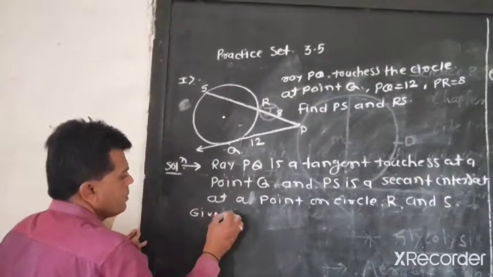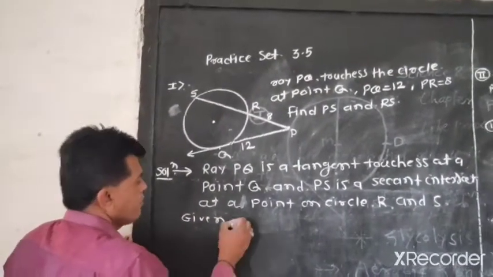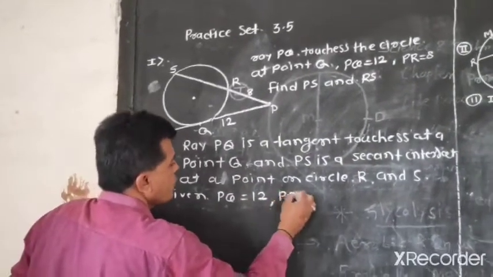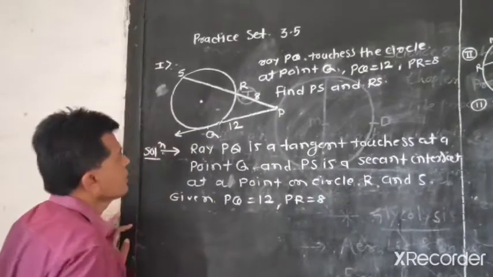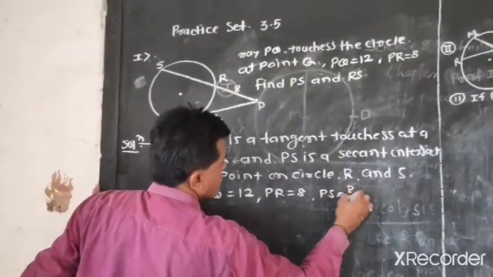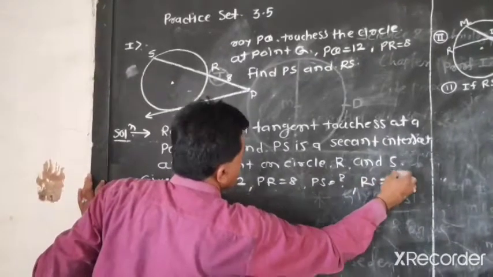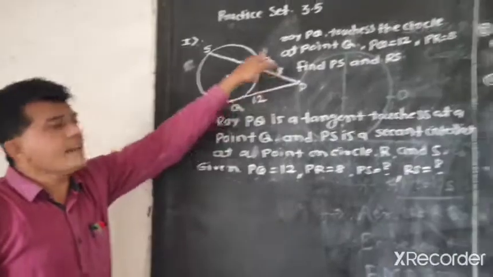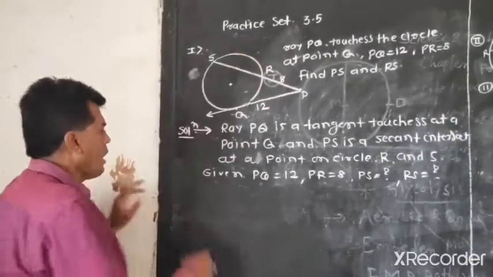Given measure of PQ is equal to 12, PR is equal to 8, and find PS is equal to question mark and RS is equal to question mark. Do you know the tangent and secant theorem?